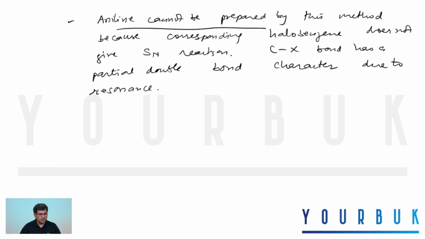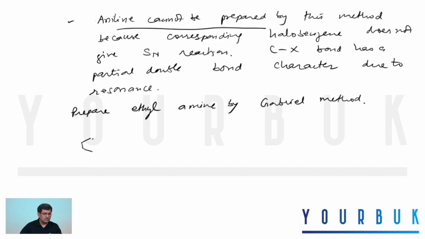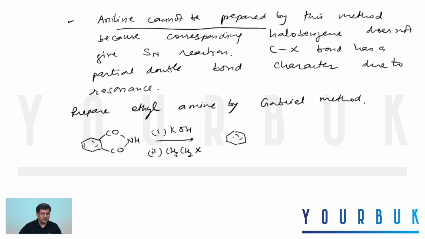So whichever amine you want to prepare by the Gabriel method, use the corresponding alkyl halide in the second step. For example, we can prepare ethylamine by Gabriel method. So this is the reaction involved. This is phthalimide. So we are reacting it with KOH in the first step, followed by reaction with ethyl halide to give N-ethyl phthalimide.